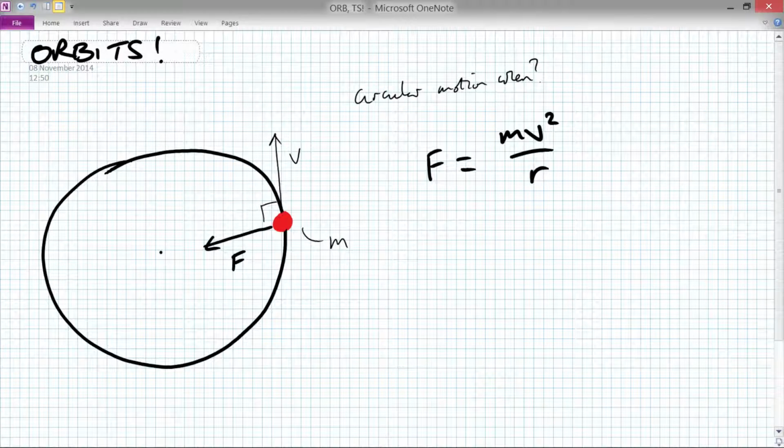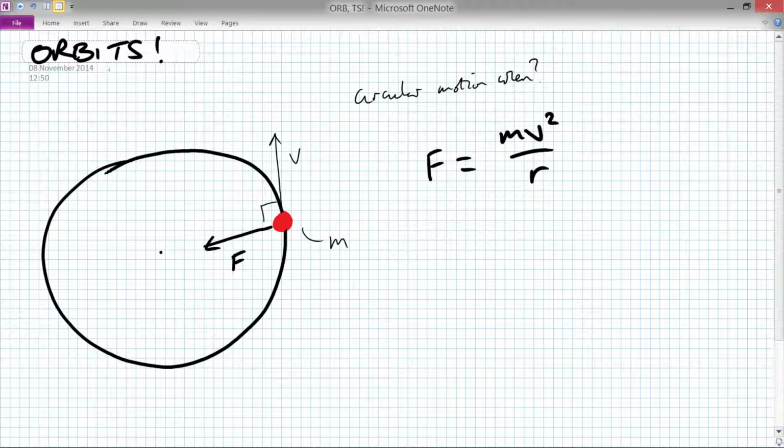Now, that's all well and good, and we talked about examples like swinging a bucket around your head. In that case, the force comes from the tension in the string. There are lots of other cases, and whatever the case is, for circular motion you always have to have this centripetal force. It doesn't matter what it is.